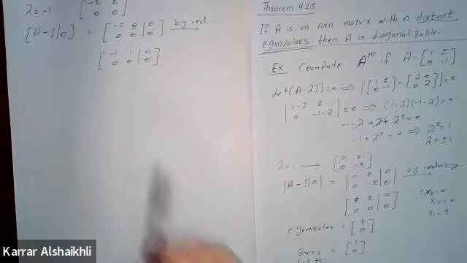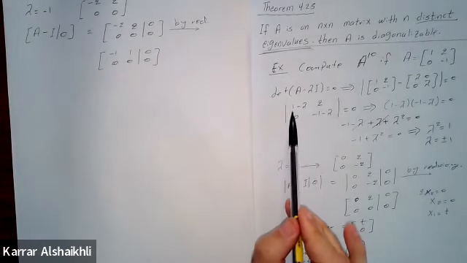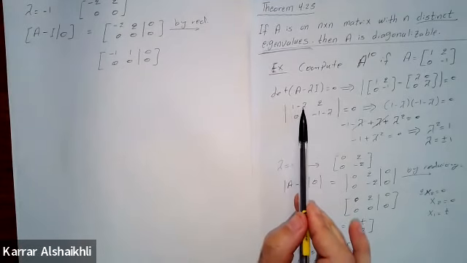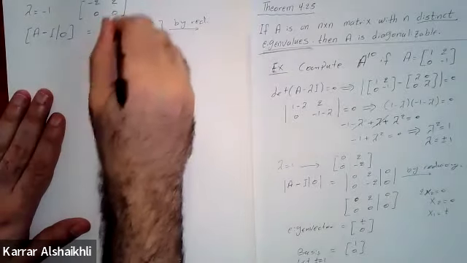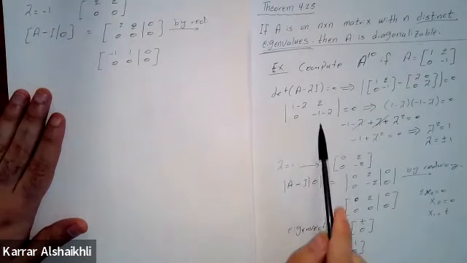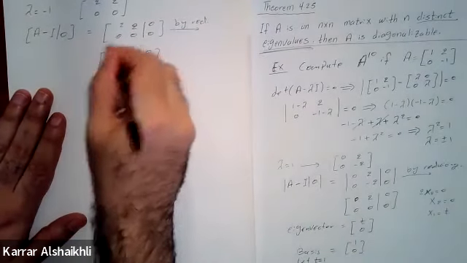I'm plugging -1 where here. Right. So 1 minus -1 should be 2. Oh yeah, this one's 2. -2, 2, and this one also, yeah, this is 0. So it's going to be 1, 1.